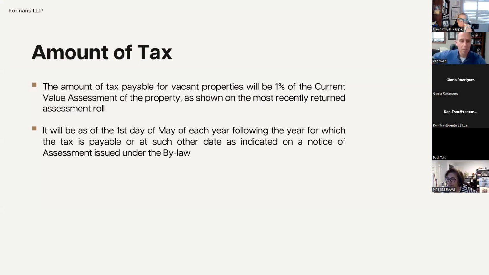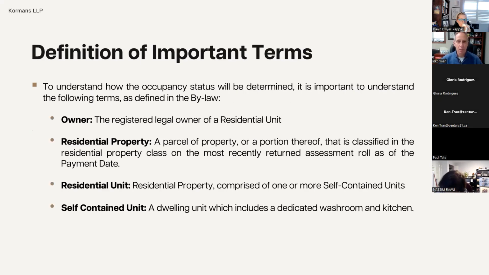If it wasn't occupied, the tax is payable on May 1st of the year following. So if anybody had a vacant property in 2022, they're going to be filing their declaration by February of this year, but the payment has to be paid by May 1st of this year. And this is again payment for the prior year.